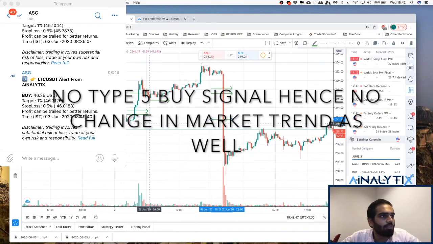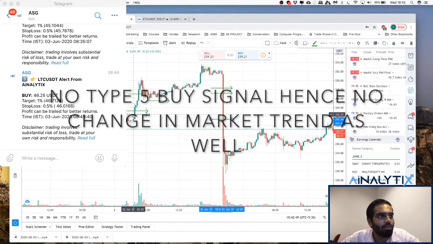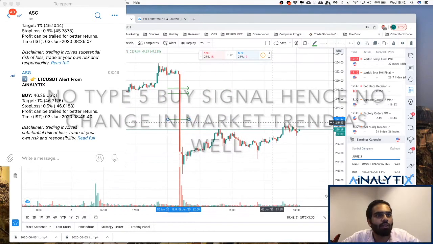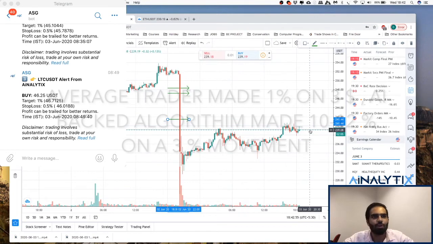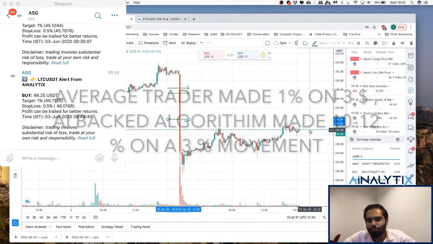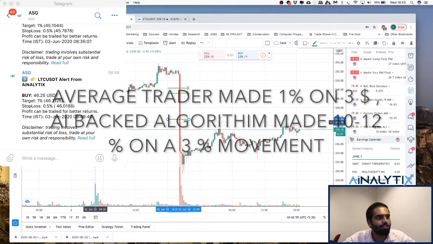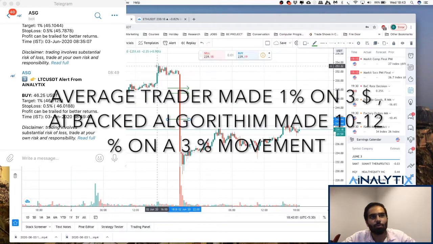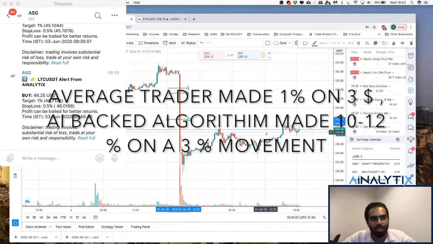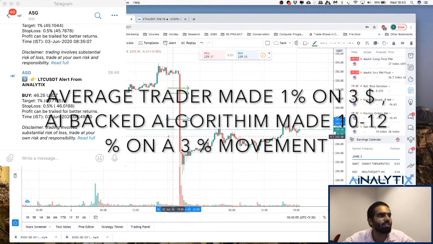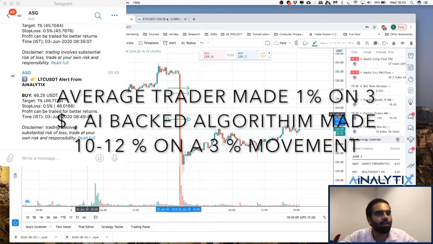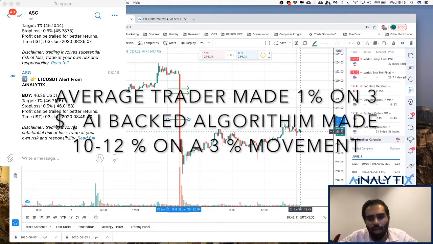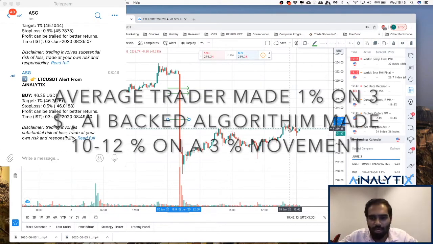If you look at the chart broadly, our buy came at 242, and right now we are at 239. If somebody would have just sold at 242, they would have made like a $3 movement. But we have traded it going to the top at 253 and then coming down. A normal person who just shorted it would have made about $3, about a percent at best.